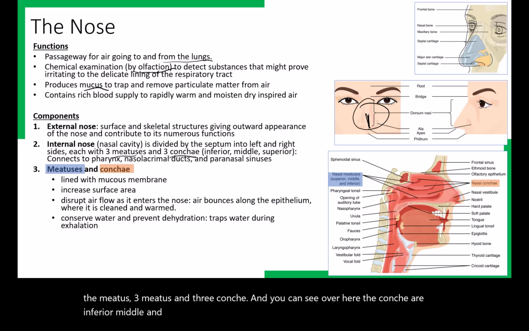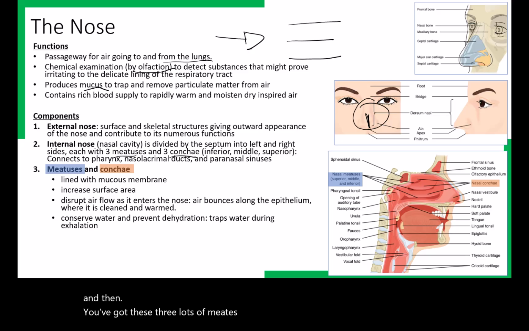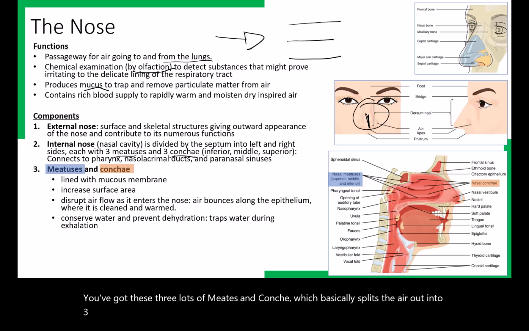So basically what happens is air goes in through the nose, and then you've got these 3 lots of meatus and conchae, which basically splits the air out into 3 different tiers.